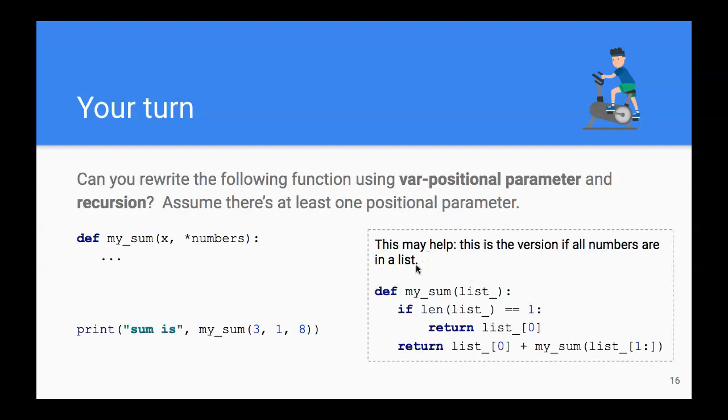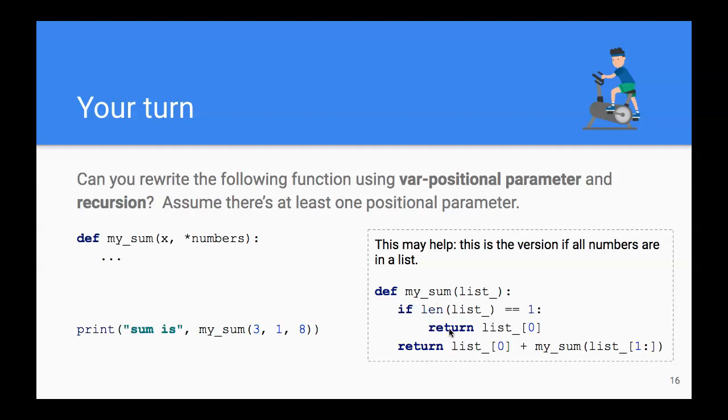So one is, assuming we don't have to handle a variable number of parameters in this function, instead, if this function has one parameter that is a list, then how do we sum up all the numbers in this list using recursion?